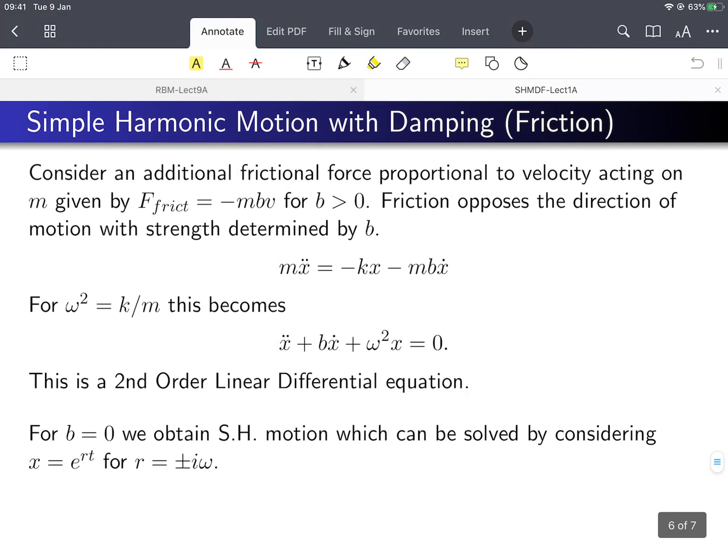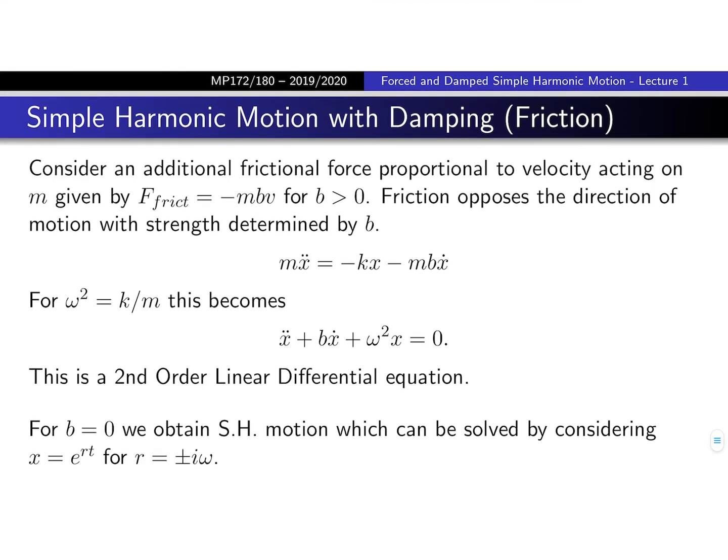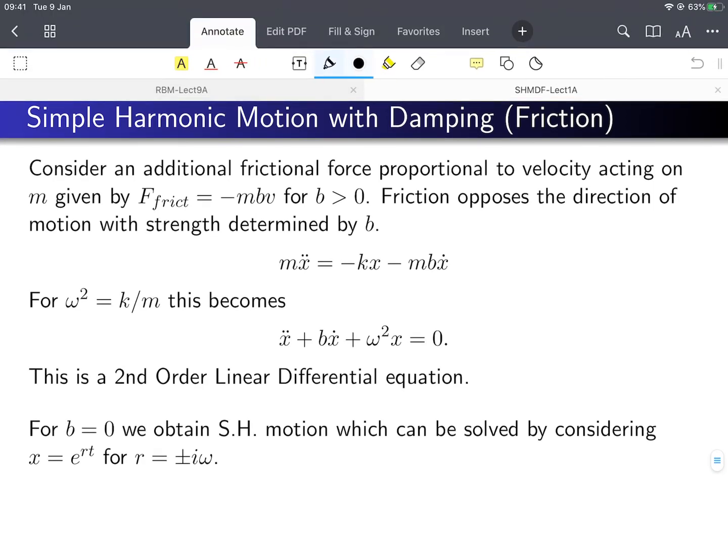Now, let's go back to simple harmonic motion. If the mass is just moving at the end of the spring with no friction, it's fine. That's simple harmonic motion. But what if there's a little bit of friction? Remember, we've seen that earlier. You have to add a damping term like this.